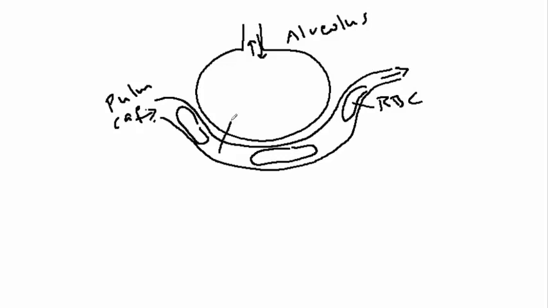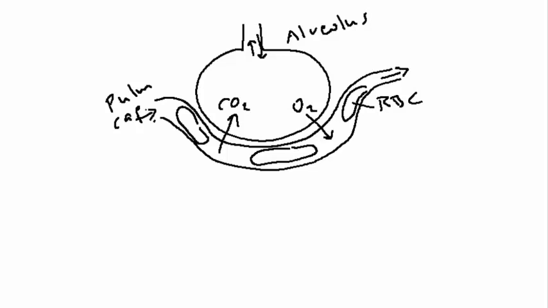And carbon dioxide wants to diffuse into the alveoli, so from a high pressure to a low pressure area. On the other hand, we have a high pressure in the alveoli. So oxygen wants to diffuse from that high pressure into the lower pressure that is in the pulmonary capillaries.